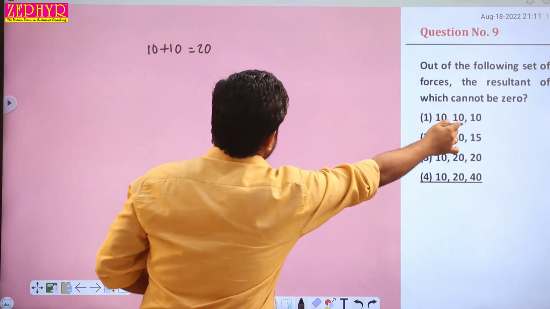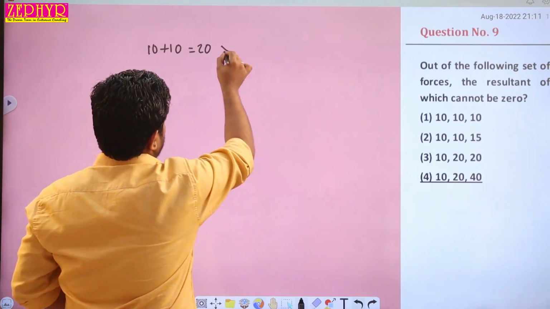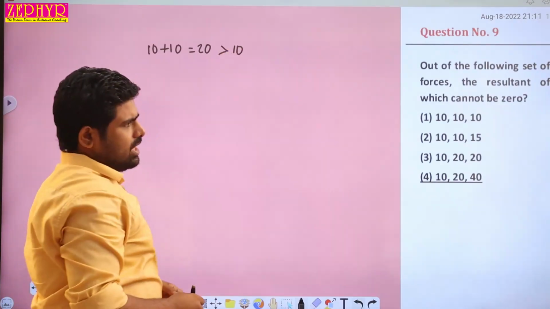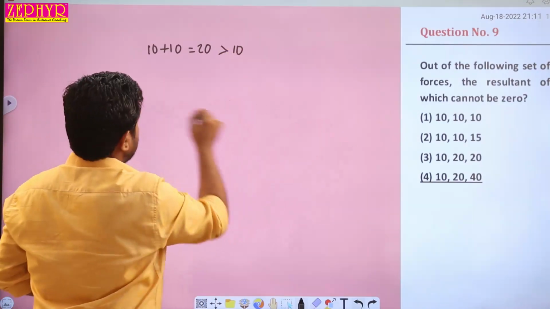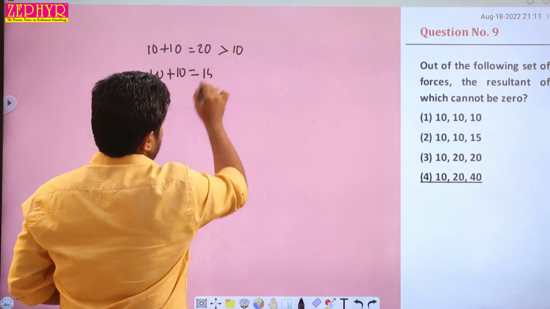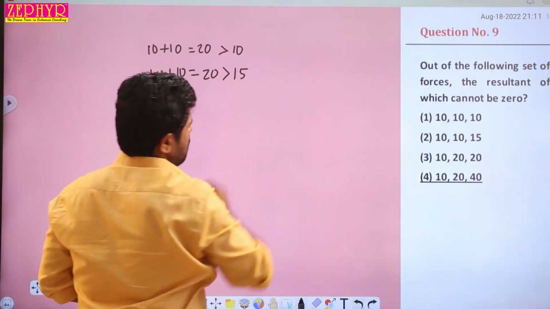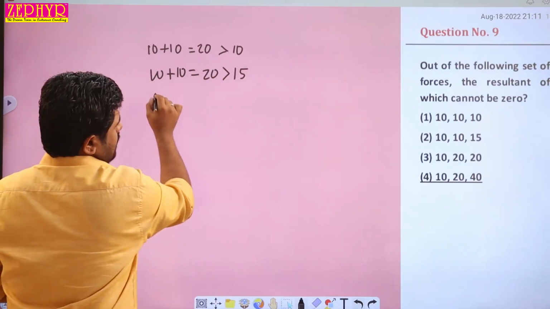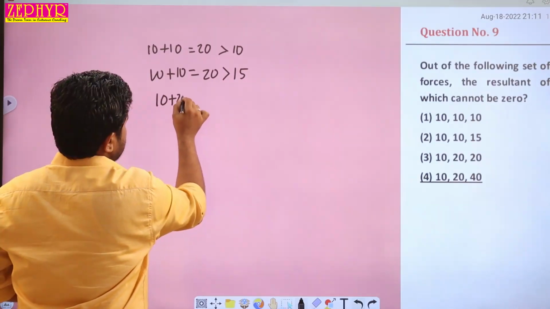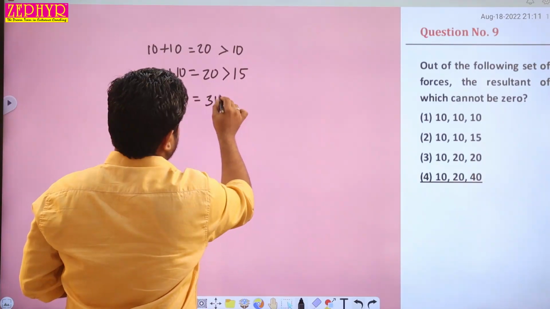The third force is smaller than 20, so 20 is greater than 10. In the second case, it is 10 plus 10, that is 20, so 15 is smaller than 20. Then the third one, 10 plus 20, that is equal to 30.